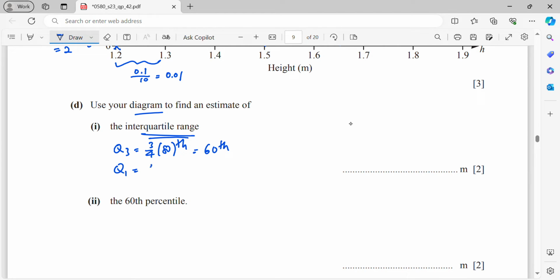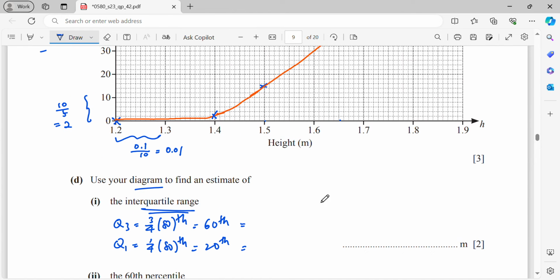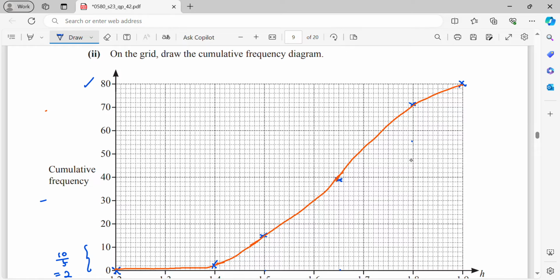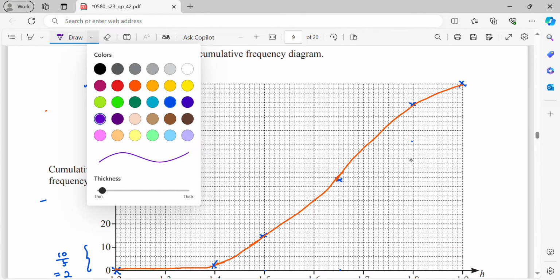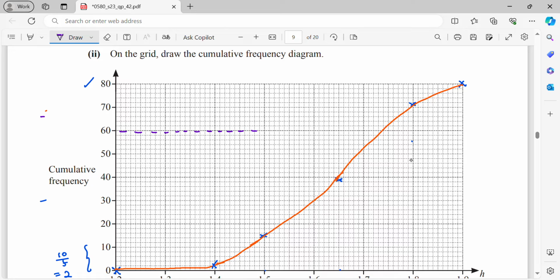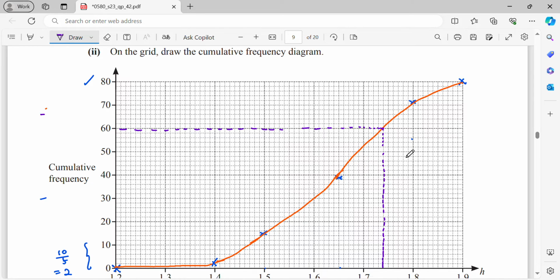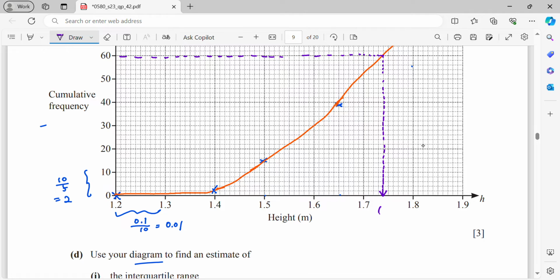Then Q1 is 1/4 of the total, which is the 20th value. So now I have to find out from the graph 20 and 60 for the total. Okay, let's say 60. Okay, so that means this is my Q3. So my Q3 is 1.74. And then my Q1 is at 20.